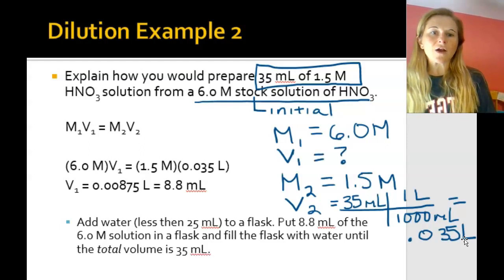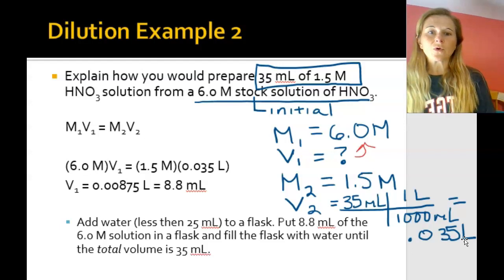We're trying to figure out how much of this 6 molar solution I am going to bring up to 0.035 liters to have a 1.5 molar solution. So how much do I need in order to get the amount and concentration that I want?